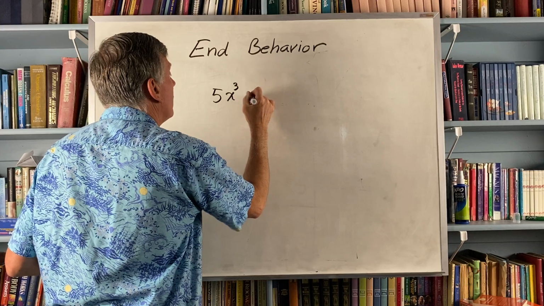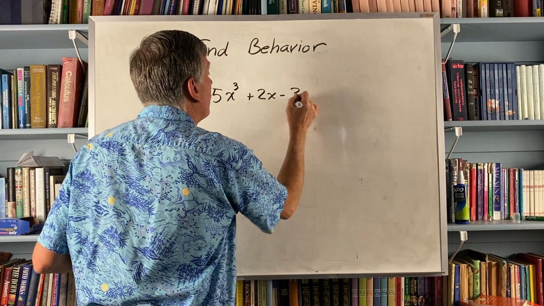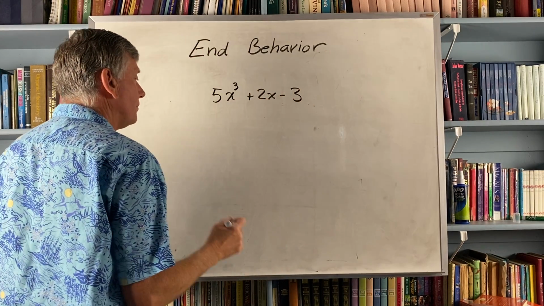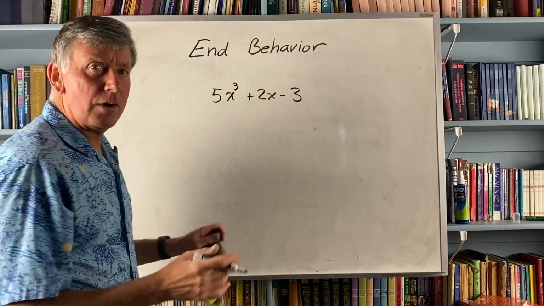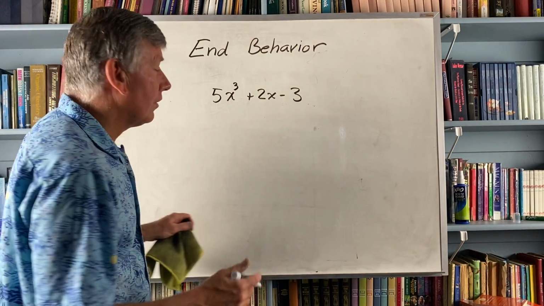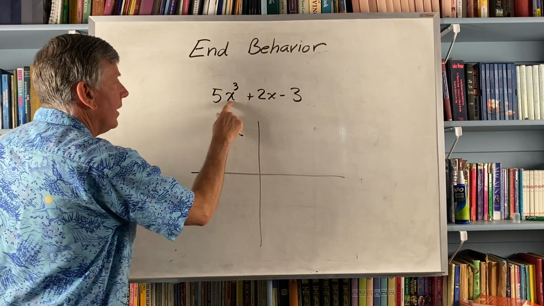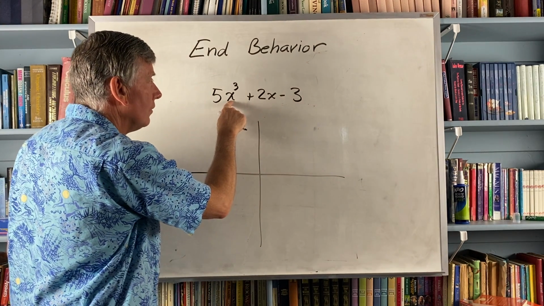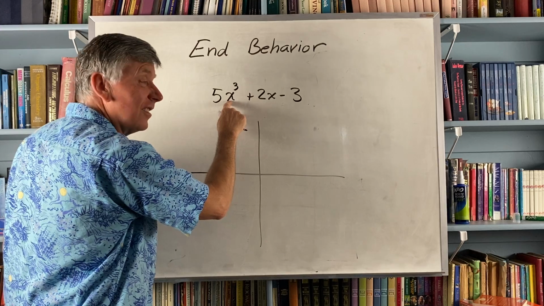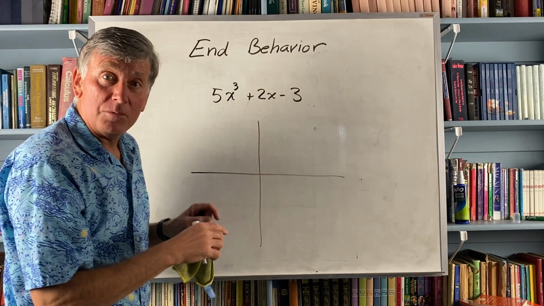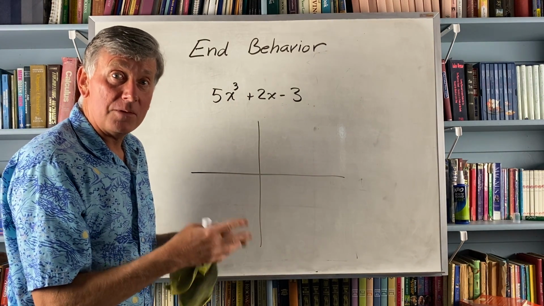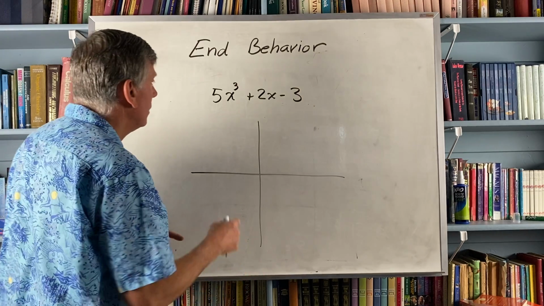5x cubed plus 2x minus 3. I'm missing an x squared term. There's just a 0 in front of that. Here, our end behavior, when x is negative, x cubed will be negative because a negative times a negative times a negative is negative.